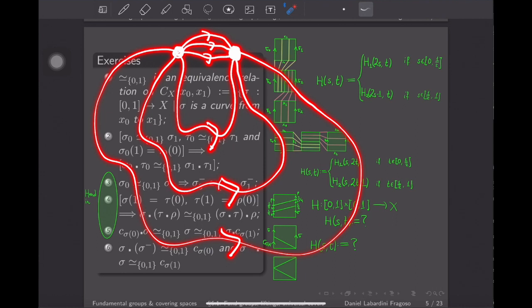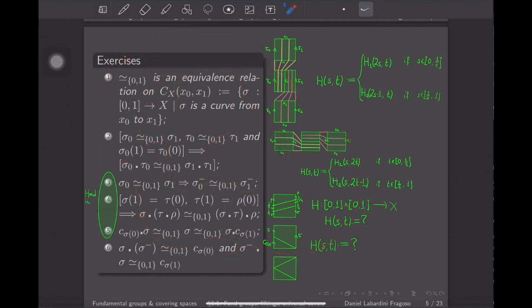I get an equivalence relation for all these curves from x0 to x1, and so I can partition them. So homotopy relative to endpoints partitions the set of all curves from one point to the other.